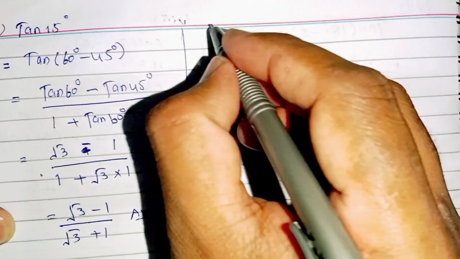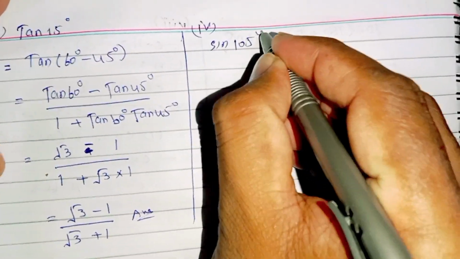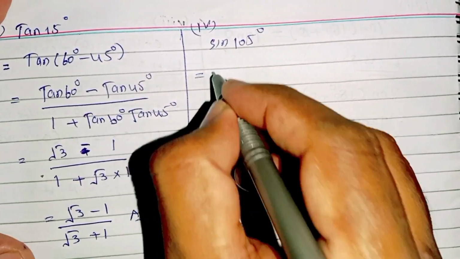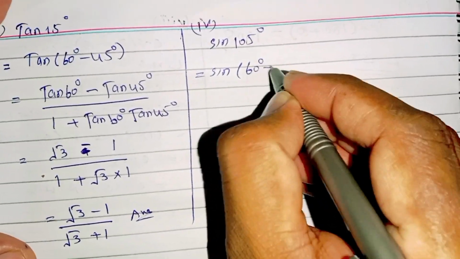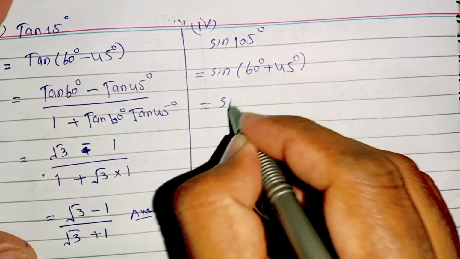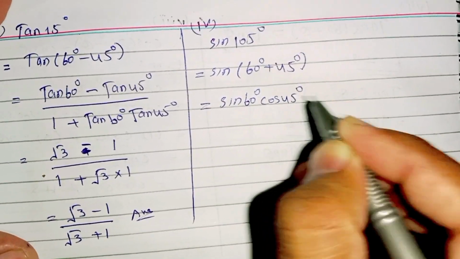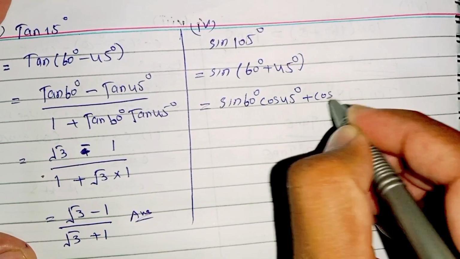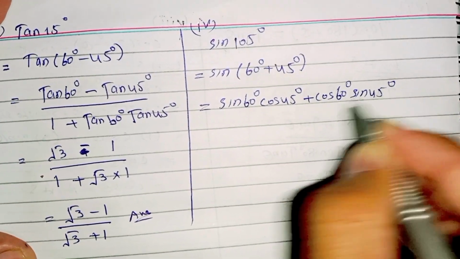Part number 4, sine 105 degree. It can be written as sine of 60 degree plus 45 degree. Similarly, by using the formula, sine 60 degree cos 45 degree plus cos 60 degree and sine 45 degree.